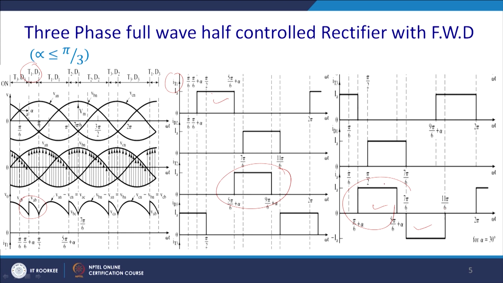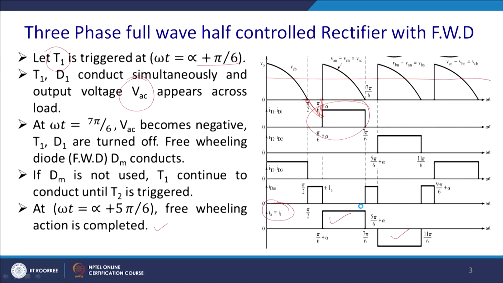So, you get this kind of square wave, and here this point is pi by 6 plus alpha, and this point is quite less. So, you have an asymmetry, but if you go back to this circuit, generally there was no asymmetry.